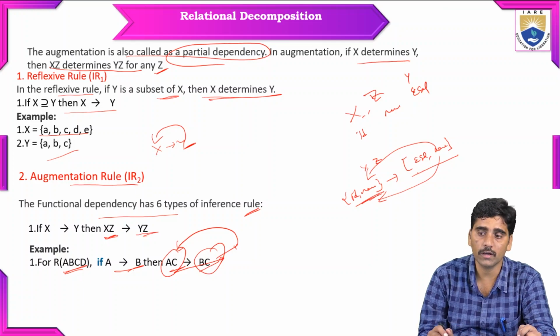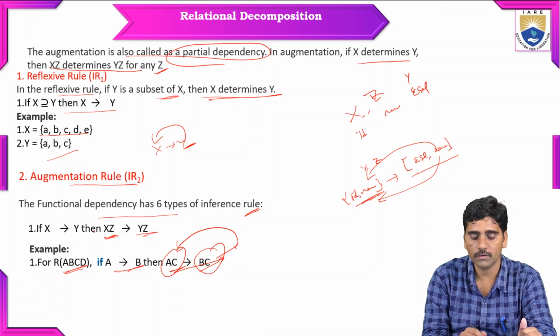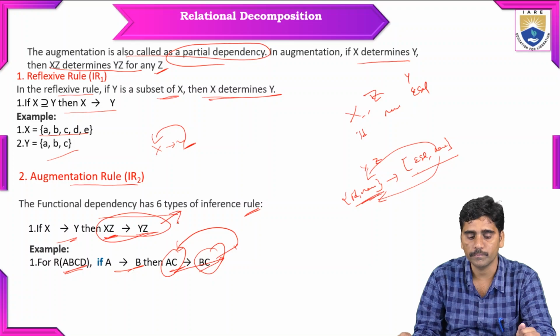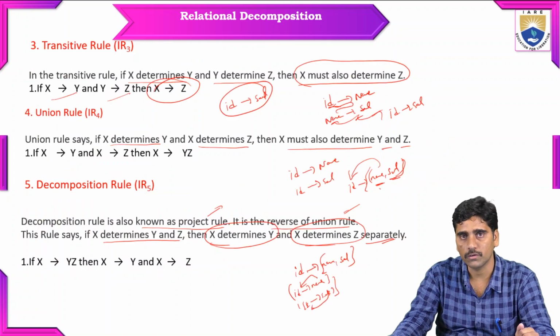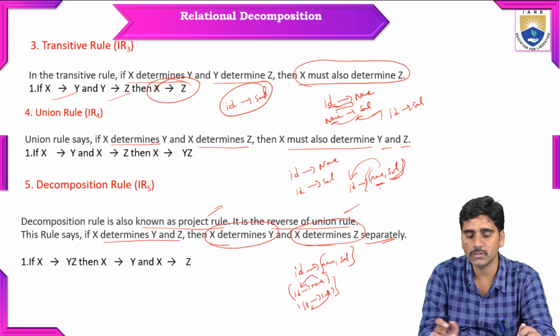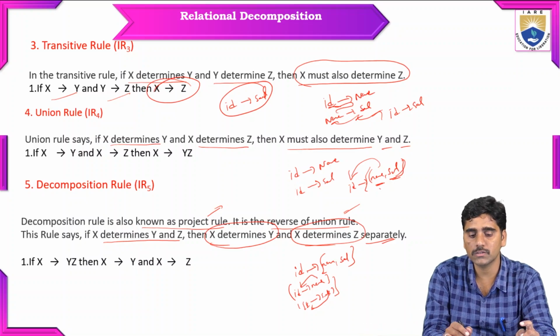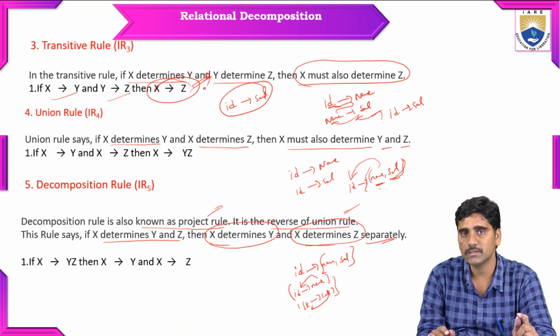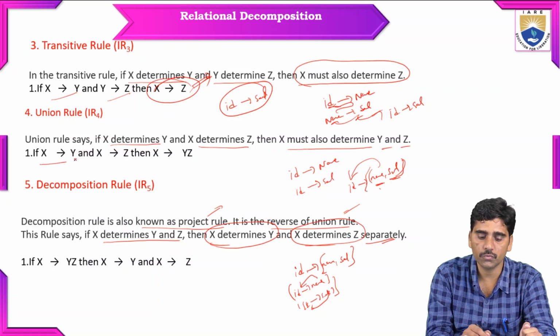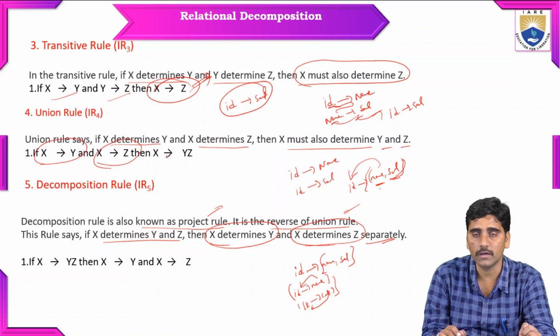The second is the augmentation rule: if X tends to Y, then XZ tends to YZ. Then the transitive rule: if X tends to Y and Y tends to Z, then X tends to Z. And the union rule: if X tends to Y and X tends to Z, then X tends to YZ.